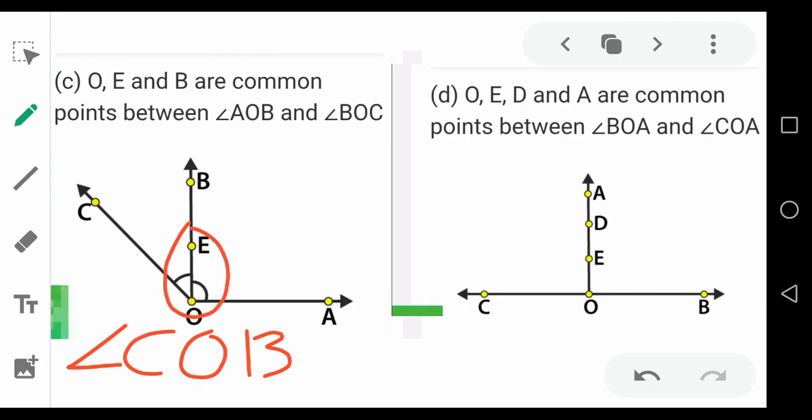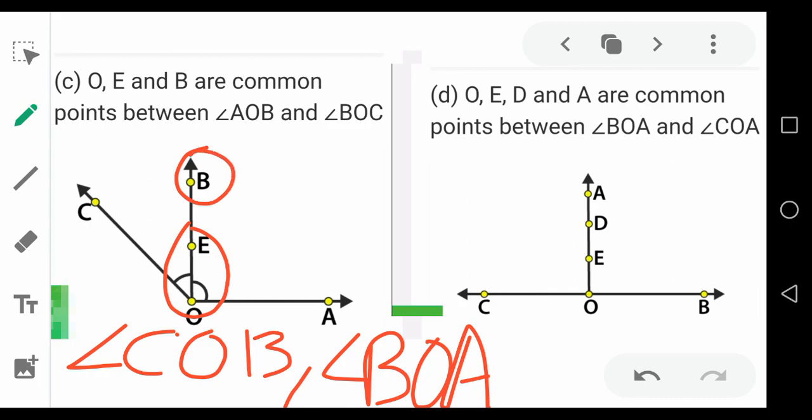O and E. Now what is the next angle here? Angle BOA. So we are talking about 3 points, right? Which points are common for both? B is common, E is common, and O is common. You can see on this angle only, these points. So they have 3 points in common.